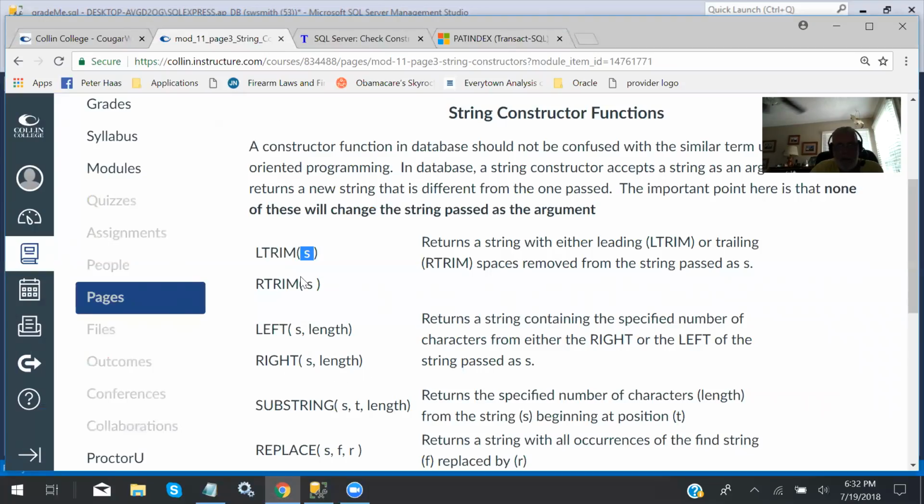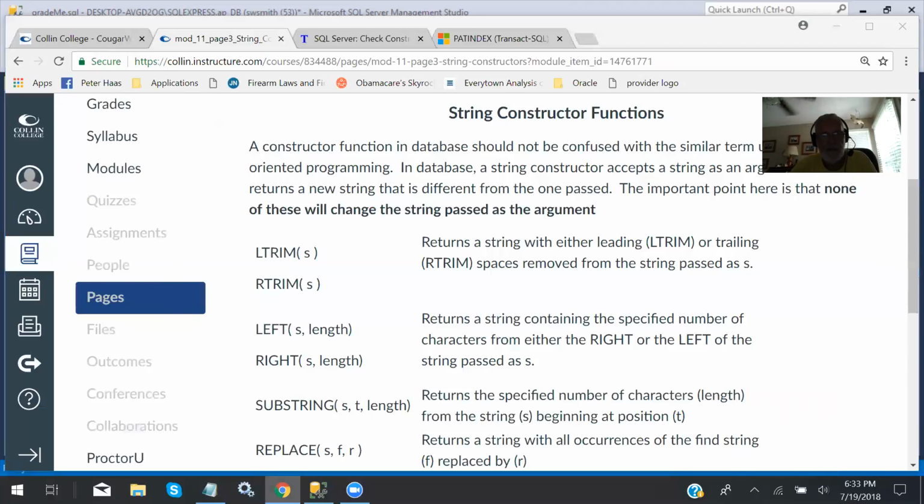R trim, L trim. Okay. We have used this one, the left. Give me a string containing the specified number of characters from either the left or the right, so they both work the same way, of the string passed. So give me the left 3 characters.